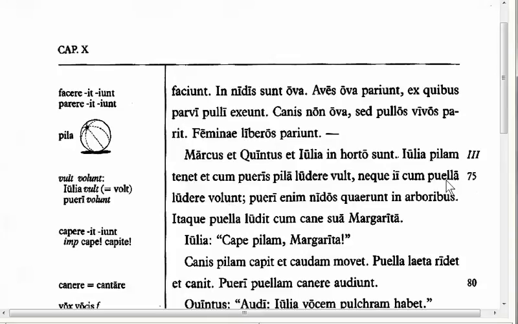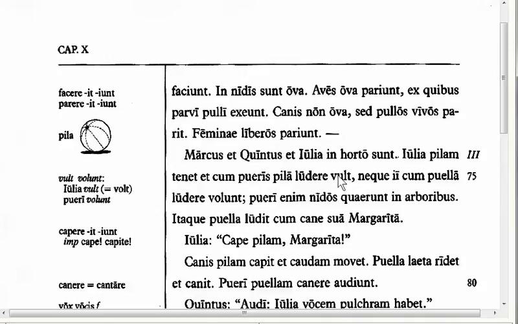So here we have other examples of complementary infinitives, like we saw with potest, and here it's with the verb vult, she wants ludera, to play. And then we have volunt, they want, or neque volunt, they don't want ludera, to play. So the ludera here we see is the infinitive that goes with vult.